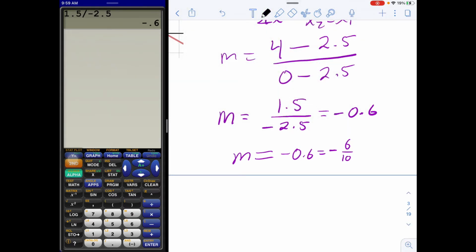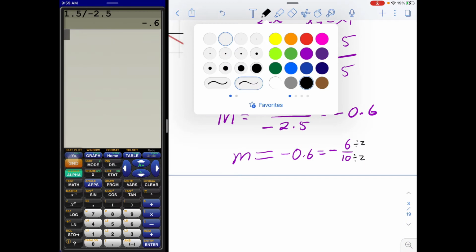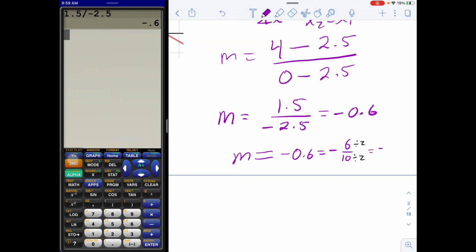And then we're going to simplify this. So what are they both divisible by? They're both divisible by 2. So we will end up with negative 3 over 5. And we can check in our calculator. So negative 3 dividing 5 gives us negative 0.6.